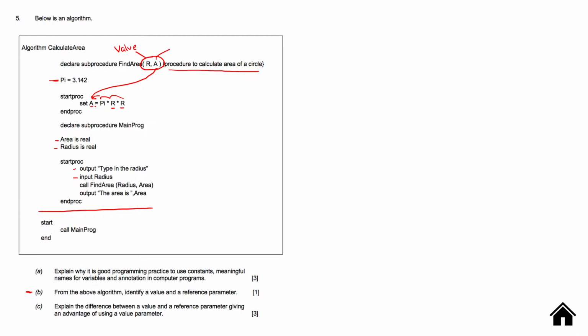And A, because of this symbol here, the assignment operator, whatever the result is of pi r squared, it's going to change the value of that parameter because of the assignment operator. Hopefully that makes sense. I'll pause for a second. This one's being changed. We're only using the value of this one. So this one would be reference.